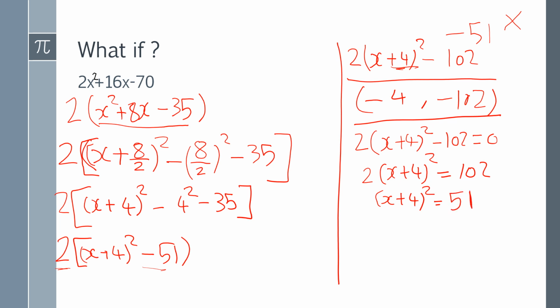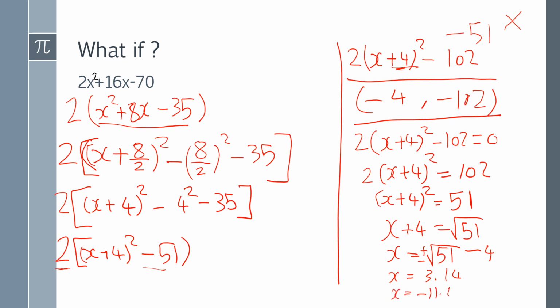Now you square root both sides, x plus 4 equal to square root 51, and you subtract 4 from both sides, so x equals square root 51 minus 4, and then do not forget the plus or minus. So you should put that into the calculator. You'll either get x as 3.14, or you get x as minus 11.14.